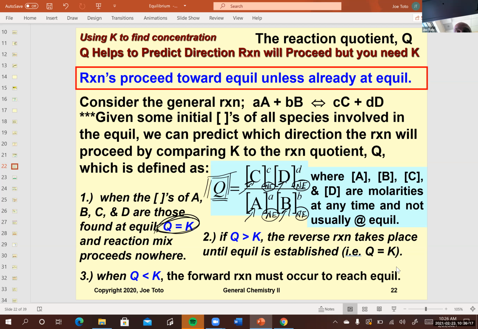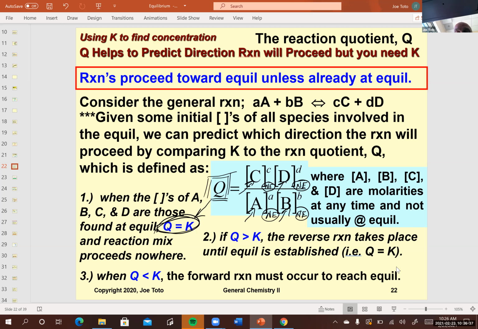So I put in those initial conditions, and if I see when I compare it to K that it equals K, then I know those initial conditions are also equilibrium conditions, and that reaction isn't shifting anywhere, and there's going to be no change in concentration.